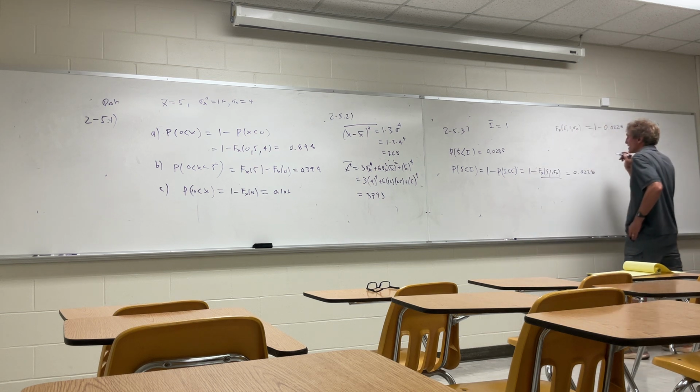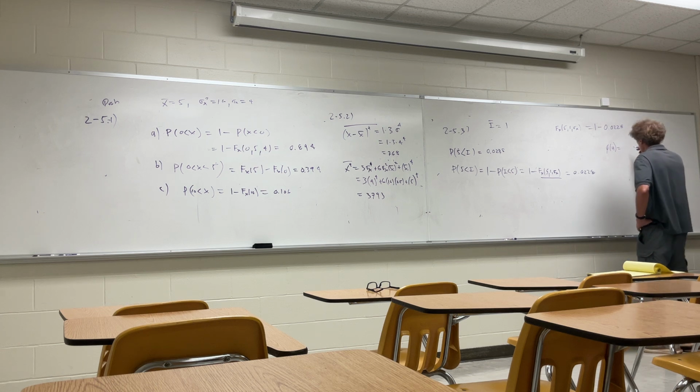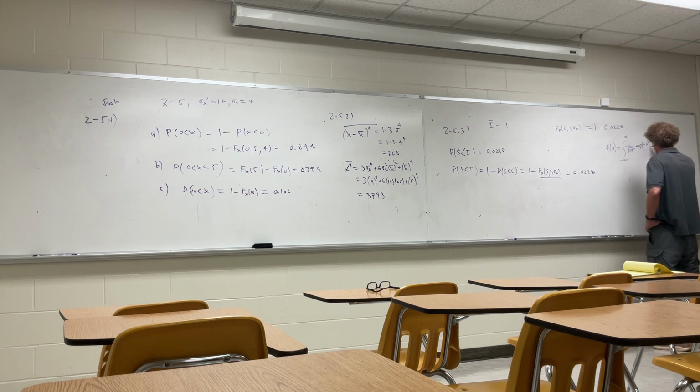So what I do is I go to that phi function, and I know that my phi of u would be the integral from minus infinity to u of 1 over the square root of 2 pi, times exp to the minus u squared over 2, I better call that u prime, du prime.